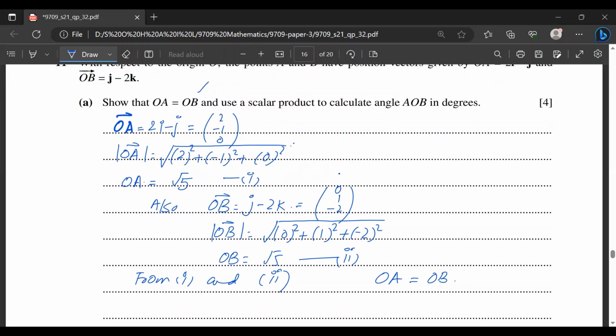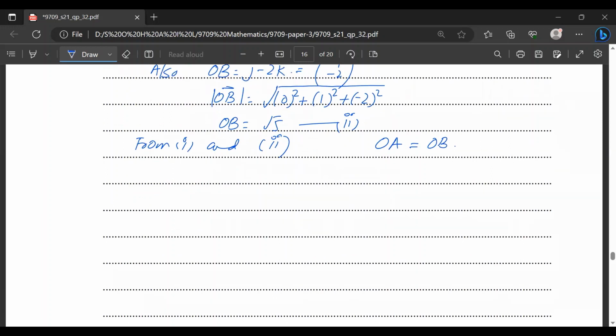And use the scalar product to find the angle AOB. Say you're given two vectors. This is vector OA, this is vector OB. These are the two vectors given, OA and OB.